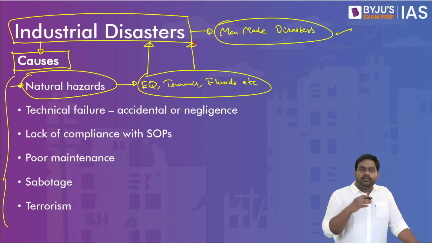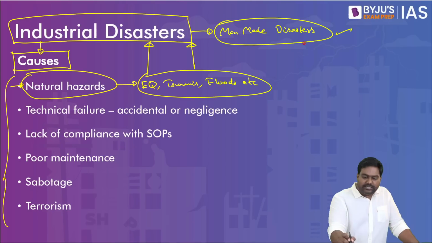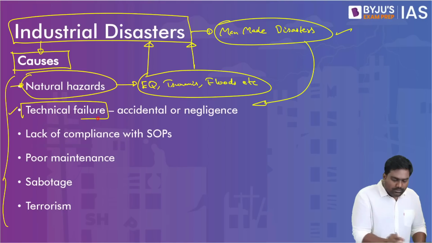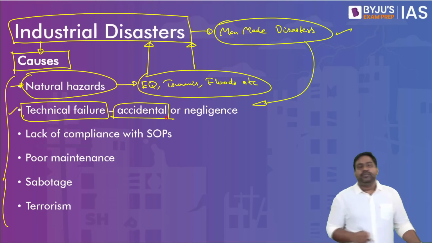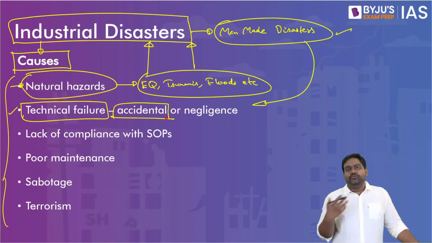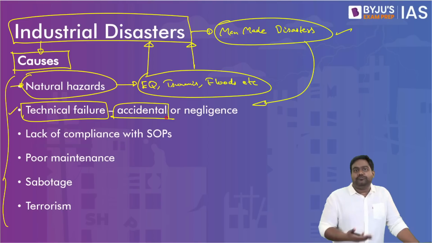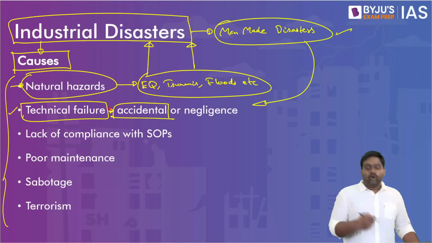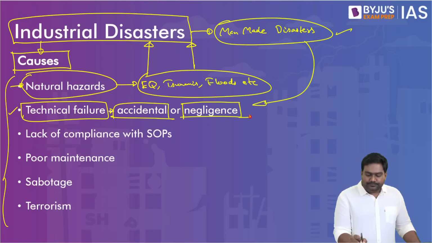So there are natural hazards which cause industrial disasters. Apart from that, industrial accidents and disasters are entirely man-made. It's either due to accidental technical failure. Over a period of time, due to wear and tear, equipment might start failing and there might be a genuine accident where no single person is responsible for it, but it's a genuine accident which has happened. Or it occurs due to negligence.